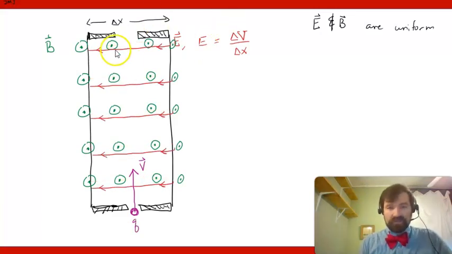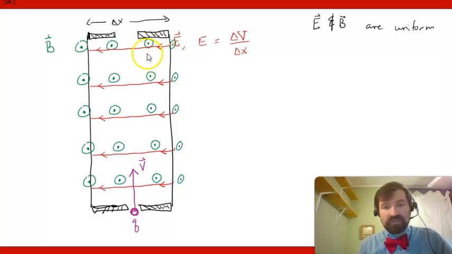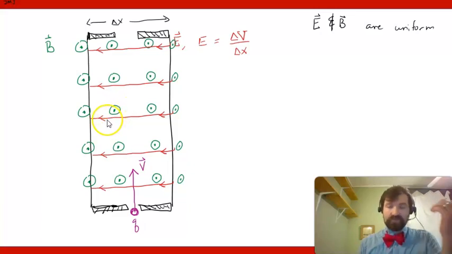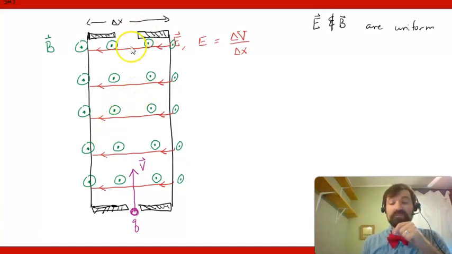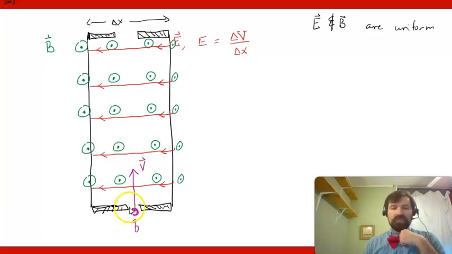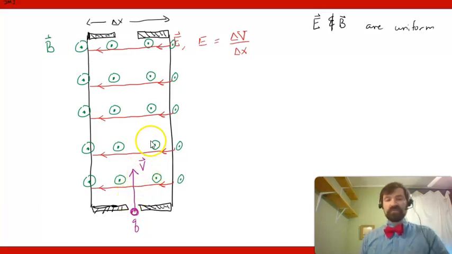Alright, I'm redrawing my electric field just to get it to not have arrows overlapping too badly. My electric field here is pointing from right to left. My magnetic field is pointing up out of the screen at you. My particle is moving with some velocity in the vertical direction, sort of like up along the screen.